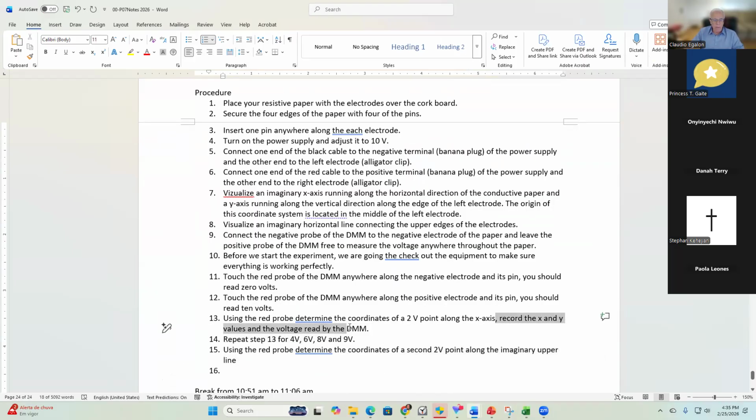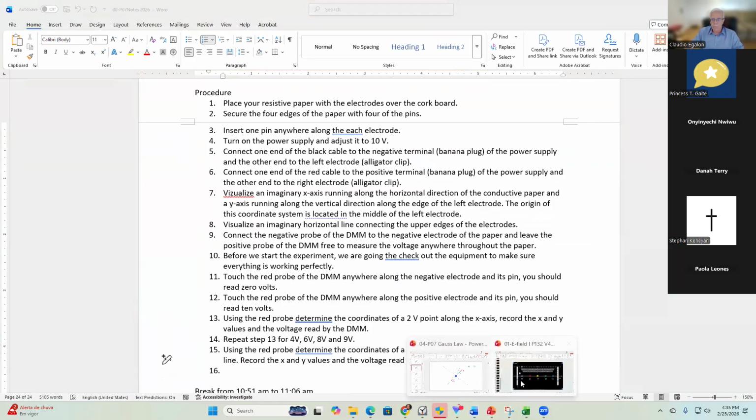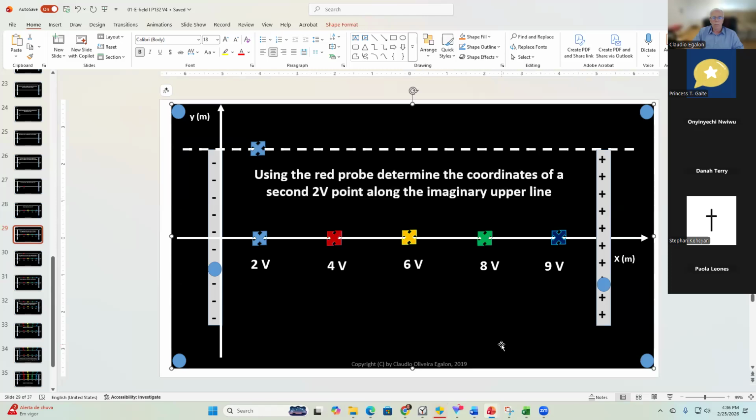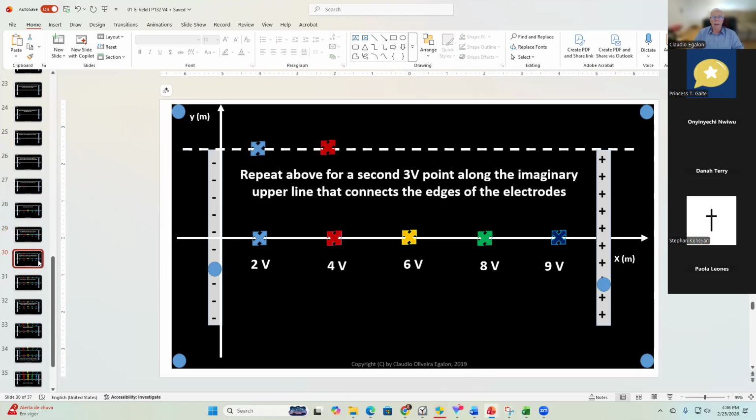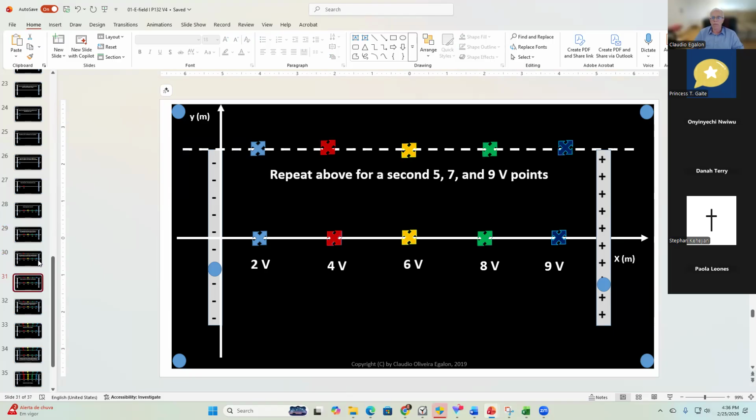Record the X and Y values and the voltage read by the DMM, right? Repeat, okay? For 4 volts, 6 volts, 8 volts, 9 volts.